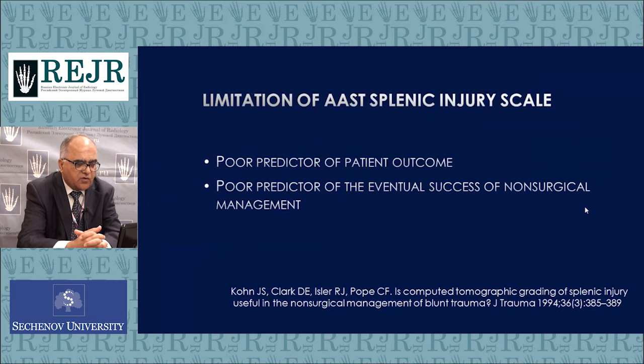The limitations of the AAST splenic injury scale are that it is a poor predictor of patient outcome and also considered a poor predictor of the eventual success of non-surgical management.